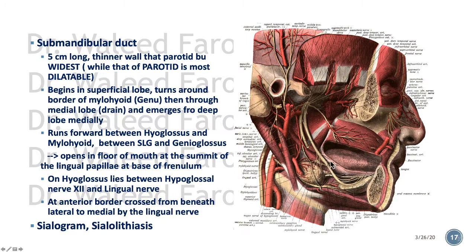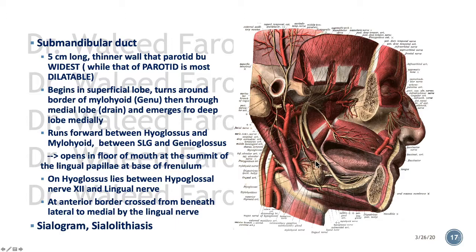Okay, the submandibular duct forms an extensive network of tubules inside and gathers to form a single tube from the superficial lobe that goes backwards and curves in the substance of the gland around the free posterior border of mylohyoid, then emerges from the deep surface.